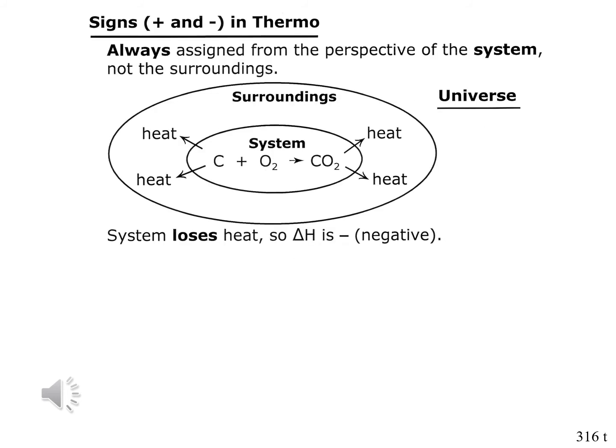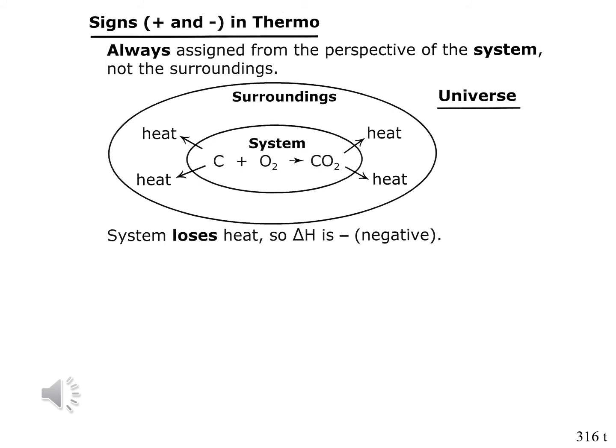This slide shows why delta H is negative for exothermic. In any thermal problem, there's always 2 parts. There is a system and a surroundings. Those make up what they call the universe of the problem. Heat cannot get in or out of the universe in a physics problem, so the energy inside is constant, but it can be transferred.